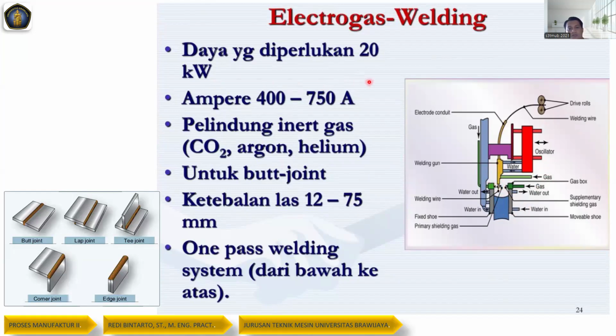So the current is about 400 to 750 ampere. The power is 20 kilowatts. The gas is CO2, argon, and helium. And the welding thickness is about 12 to 75 millimeters for the welding.